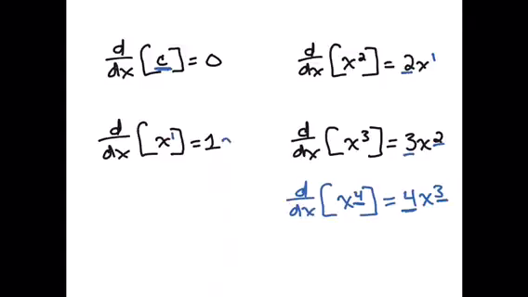The 1 comes out front, and we get x to the 0. But x to the 0 is just 1, so we don't see it in that answer. Technically, when we're taking the derivative of a constant, we're taking the derivative of a constant times x to the 0. The 0 comes out front, and anything multiplied by 0 gives us 0. So this pattern holds true for all of these.